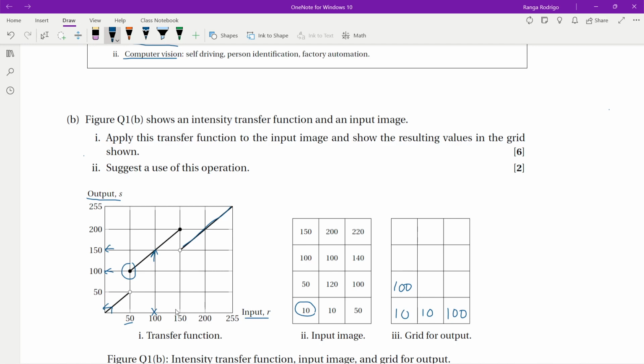Now if you take 120, you can see the value is 170. So for 100 it is 150. Then if you take 140, you can see it's close to 190.